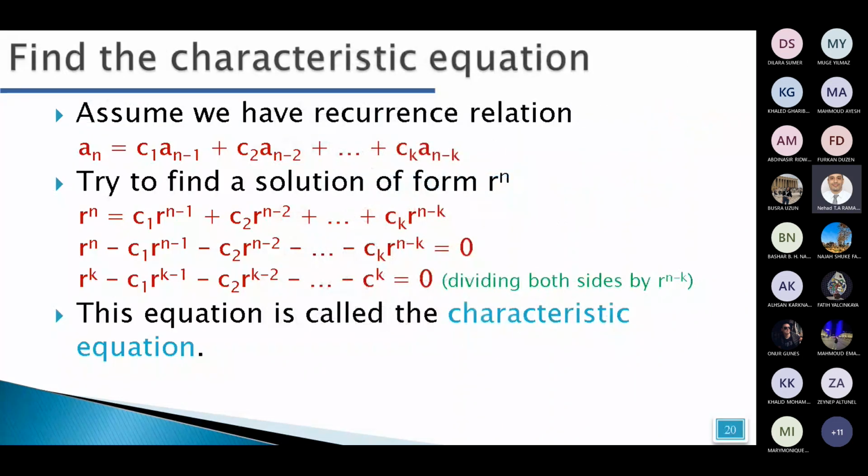Okay, so the idea is to find the characteristic equation for the recurrence relation. So it's an equation that reflects this recurrence relation. We call it the characteristic equation because it's characteristic of the recurrence relation.